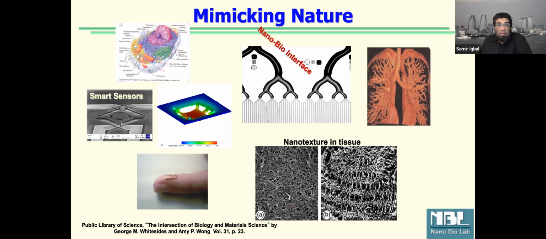This one on the right-hand side, lower one, that's showing you a tissue. There's a part of the human body called the basement membrane. All the living things, they have it. If you look at it, it has nano texture to it. It has texture which can be created in the lab at the same scale.